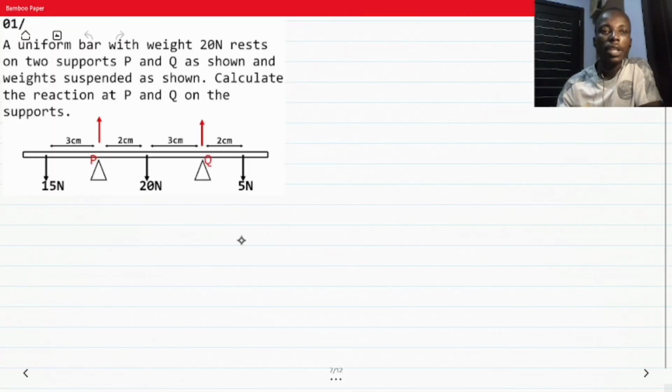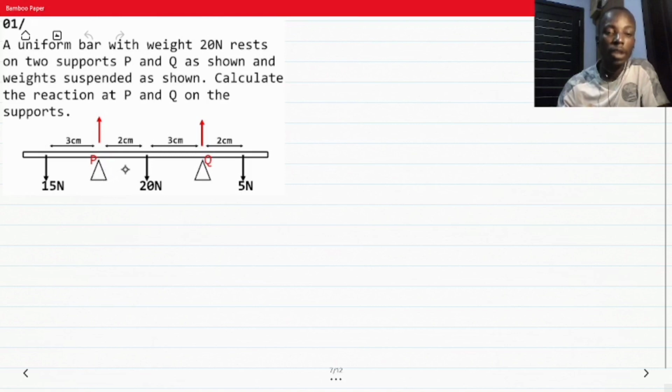The first example I have here is a uniform bar with weight 20 Newton that rests on two supports P and Q as shown, and weight suspended as shown. Calculate the reaction at P and Q on the supports.